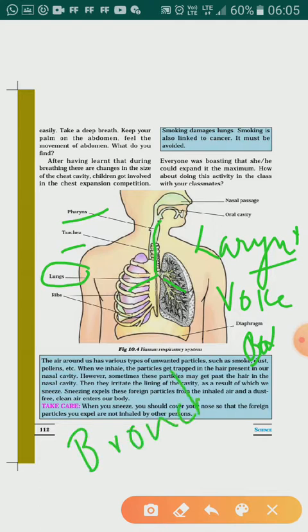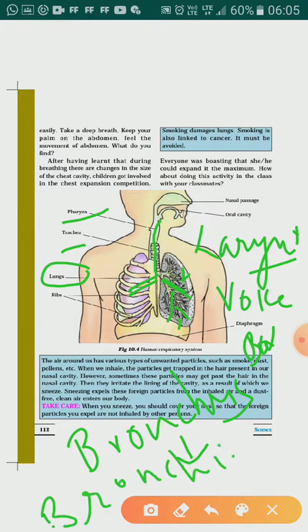These two are the bronchus, fine tubes. And then inside lungs, the bronchus further divide into fine tubes called bronchioles.